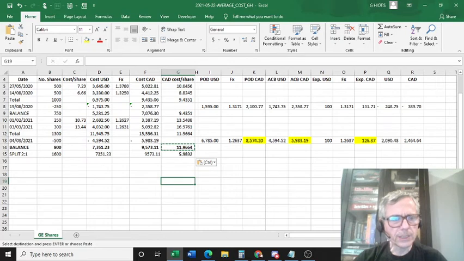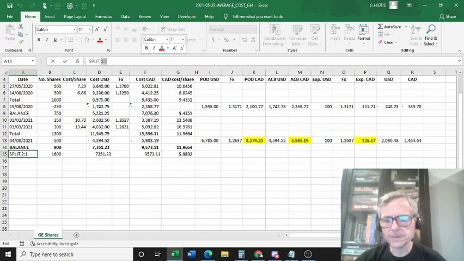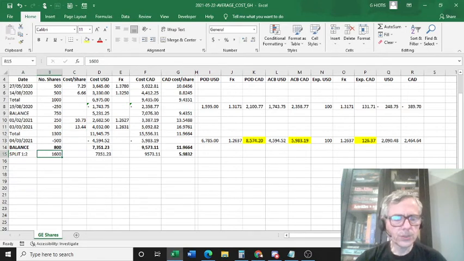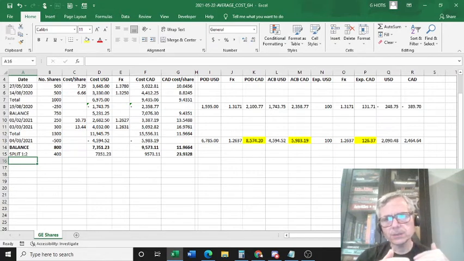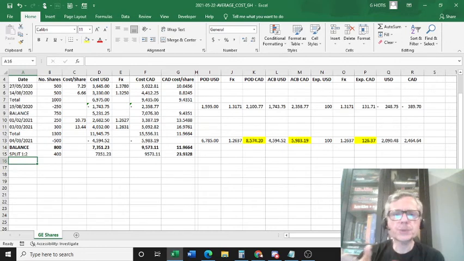How about a consolidation of shares? So instead of having a 2-for-1 split, you have a 1-for-2 split. Let's change that around. Okay, so now your 800 shares become 400. So the number of shares is divided by 2, but your cost per share is doubled.